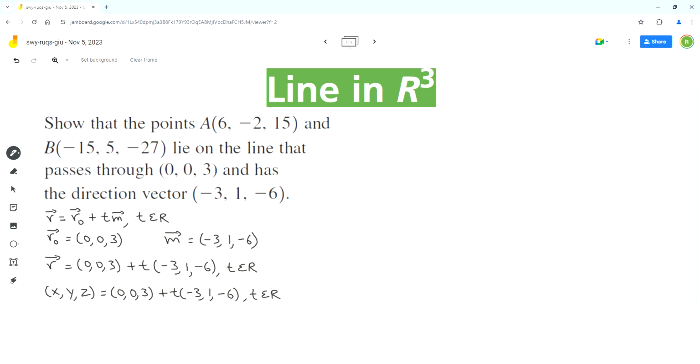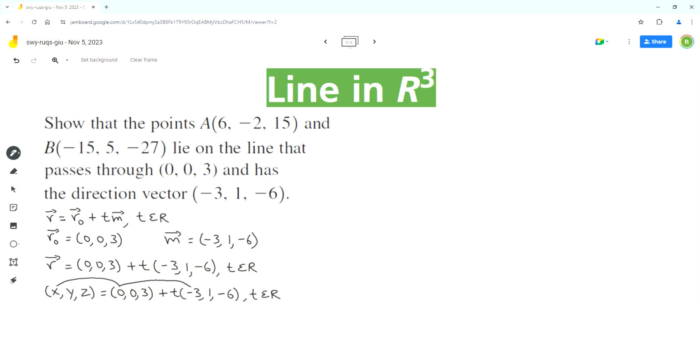Now we can break up this vector equation into x, y, and z equations. So for the x equation, we'll use the x component of these vectors, and we'll multiply the components of the direction vector negative 3, 1, negative 6 by t.